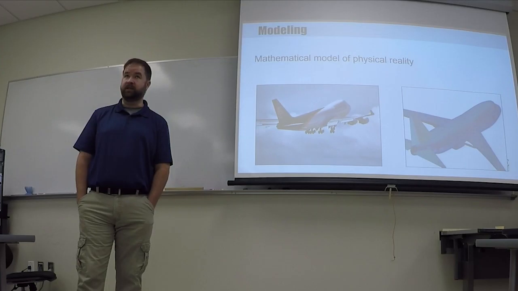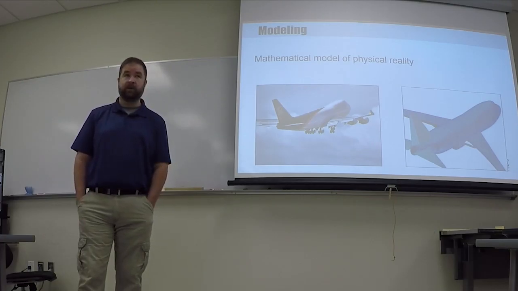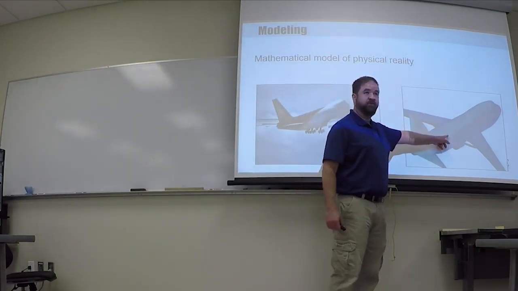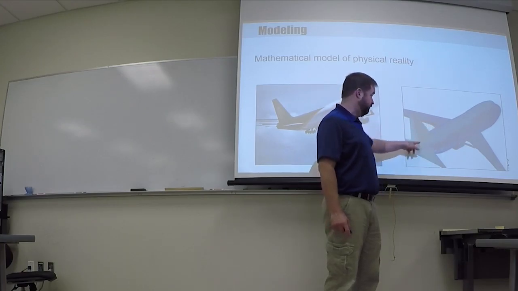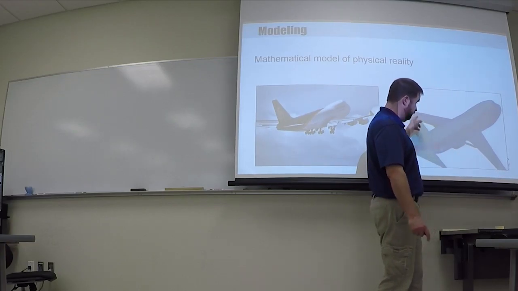The reason I'm doing this is, first of all, to introduce you to the different ways you can possibly model something, but also to point out that if you just need a quick and dirty number, I don't want to model my airplane such that it looks exactly like the real airplane. Maybe my quick and dirty model is just a straight line down the axis of the plane and some straight lines out for the wings and the tail.